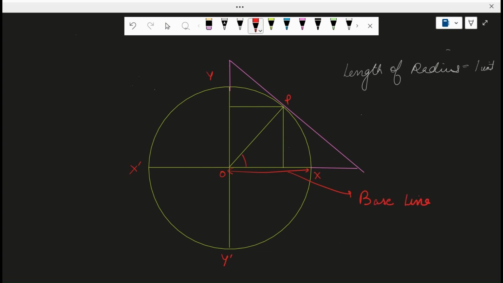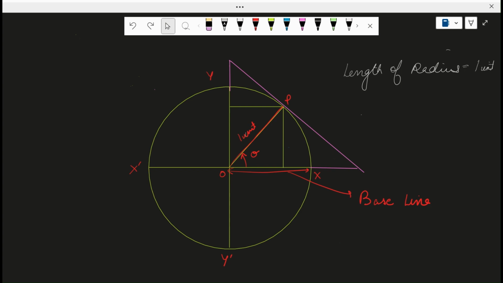From the reference line, we take an angle theta on the radius. So this is our radius, and this is 1 unit. This is the basic construction.